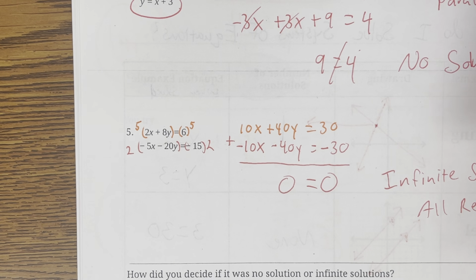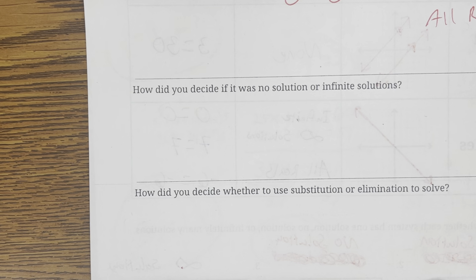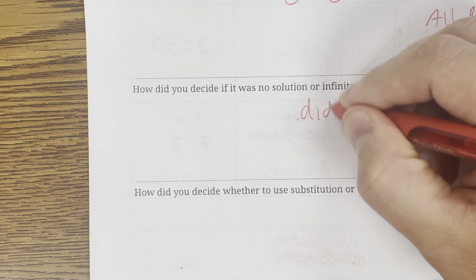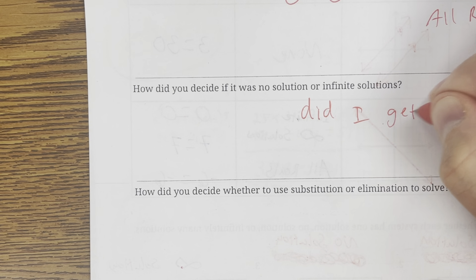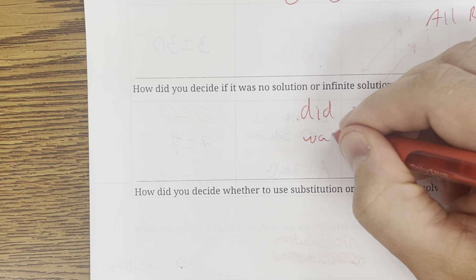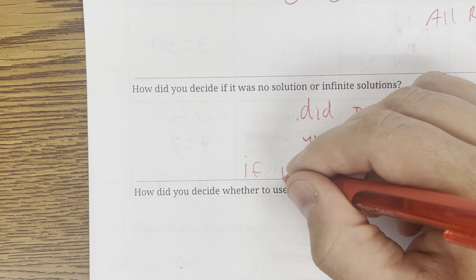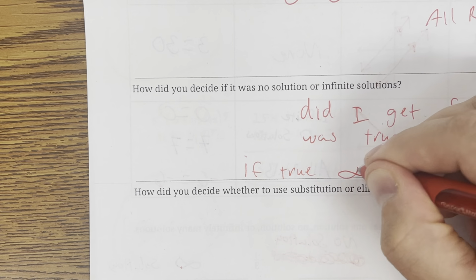So how do we decide this? Well, if it was no solution or infinite solution, well, I looked at the end. Did I get something that was true or false? If true, infinite.